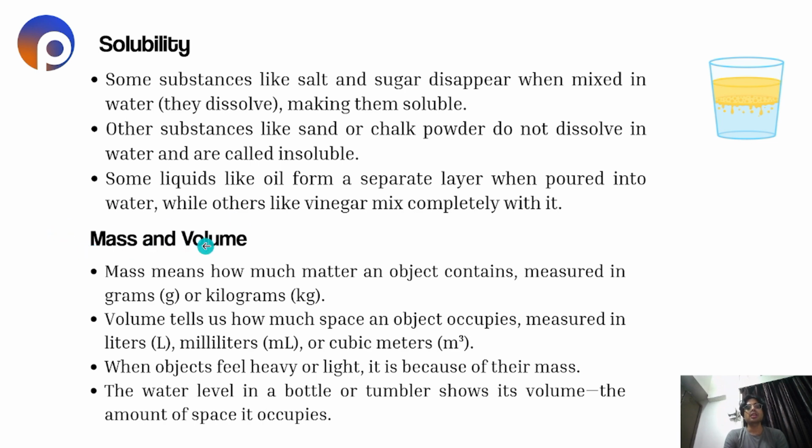Now, mass and volume. Mass means how much matter an object contains, measured in grams or kilograms. So, mass basically means how much matter or how heavy it is. So, how many particles it contains. It is measured in grams or kilograms. Now, volume tells us how much space an object occupies, measured in liters and milliliters or cubic meters.